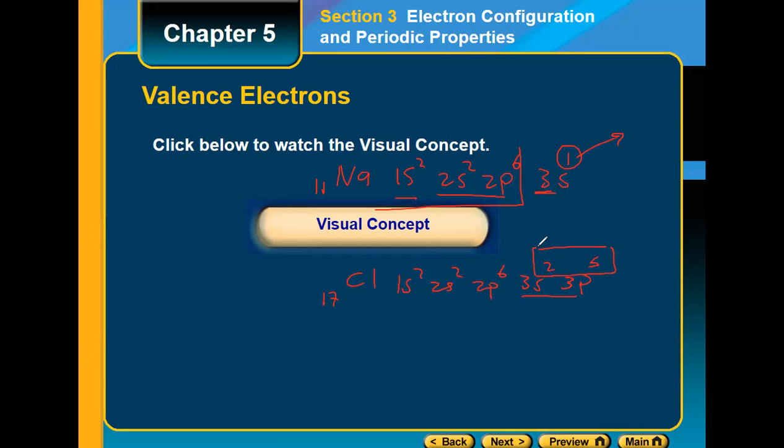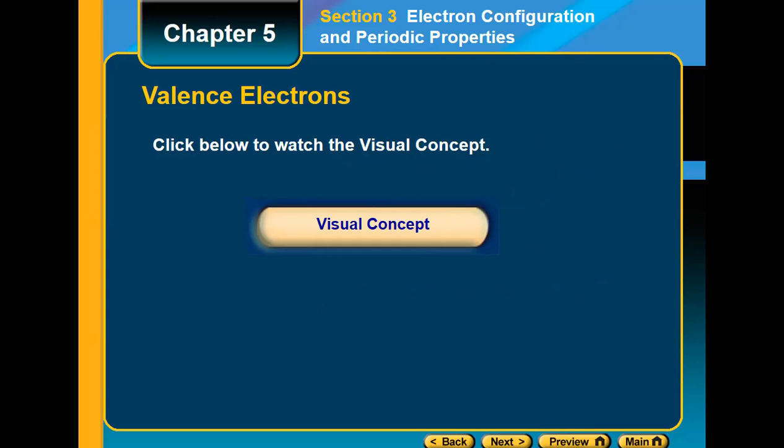So the valence electrons here are 7, meaning we have 7 electrons that could go through the chemical reaction. It could get just 1 electron to make the level completely filled, so it is easier to gain an electron and form an ion. We call these valence electrons. The valence electrons are the number of electrons found in the outermost energy level.